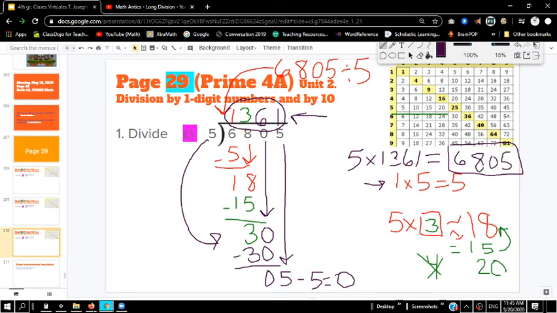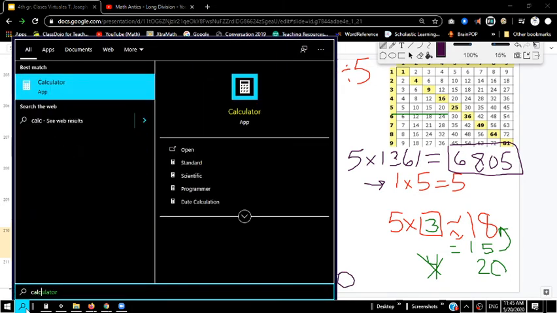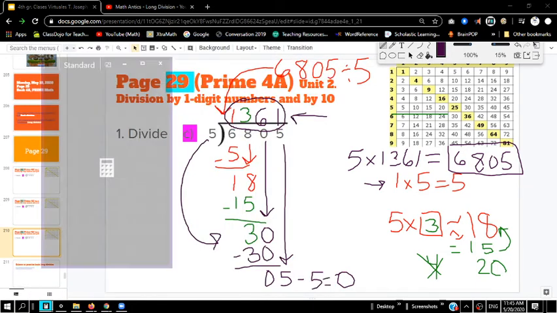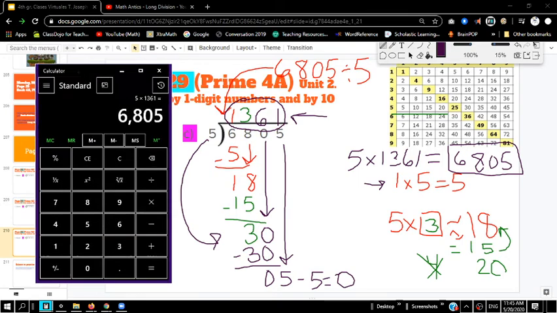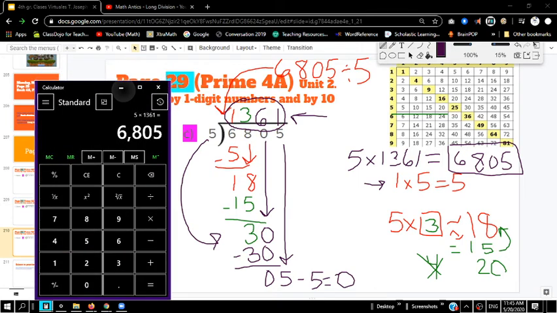Let me do it on the calculator to see if that is the correct answer. Let me check my answer. 5 times 1,361 equals 6,805. Good job. It's the same number. We did it correctly.